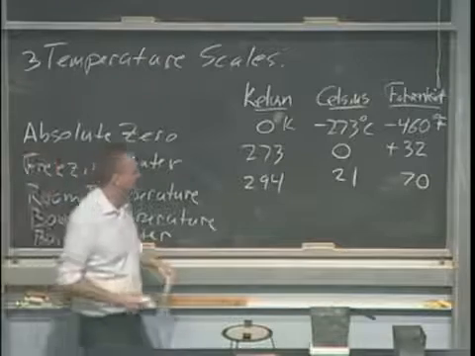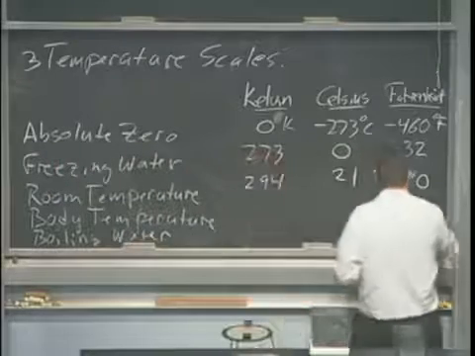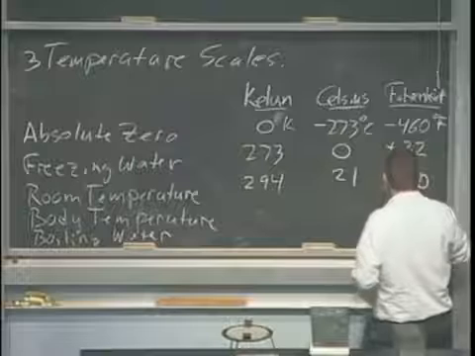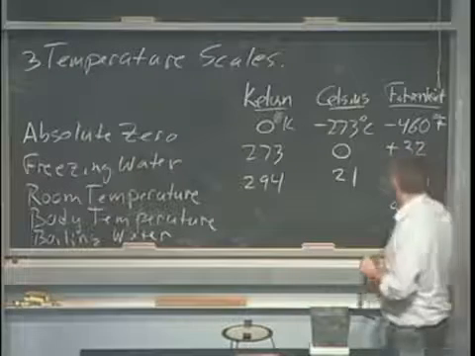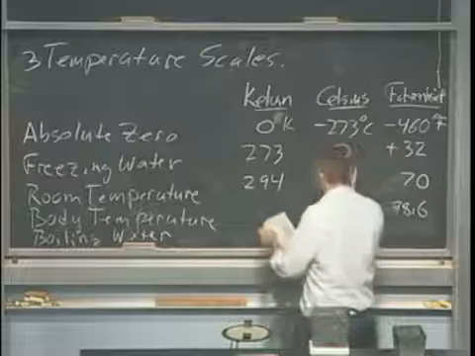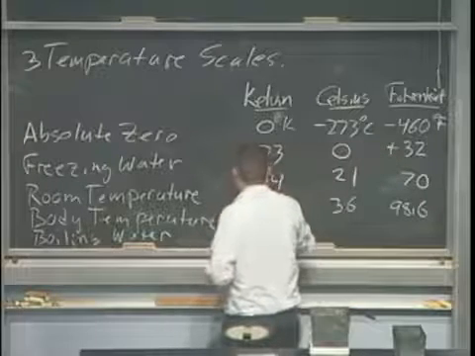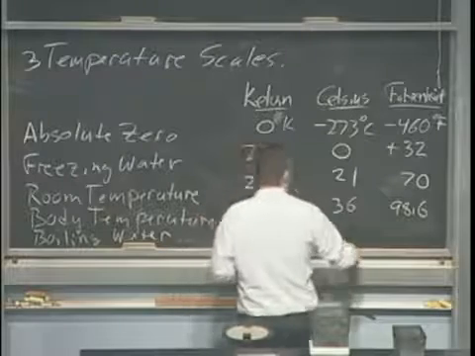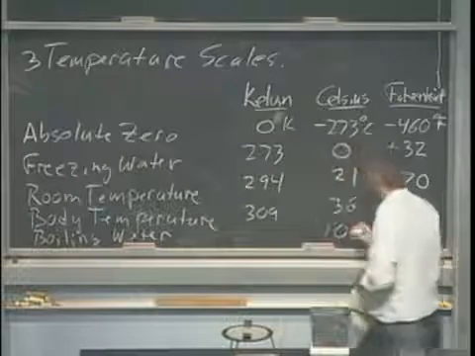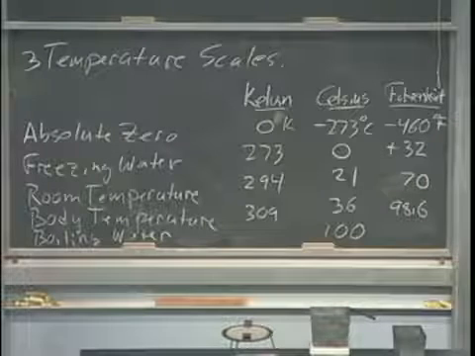And let's see, body temperature, we know it's 98.6 in Fahrenheit. That is 36 degrees Celsius and 309 in Kelvin. And then finally, boiling water is defined as 100 degrees in Celsius.